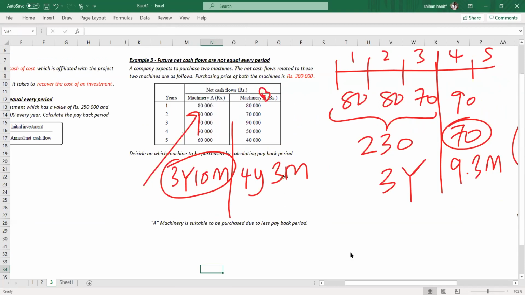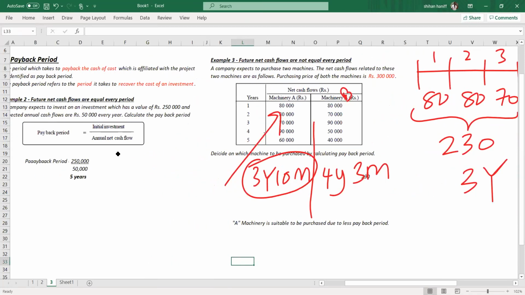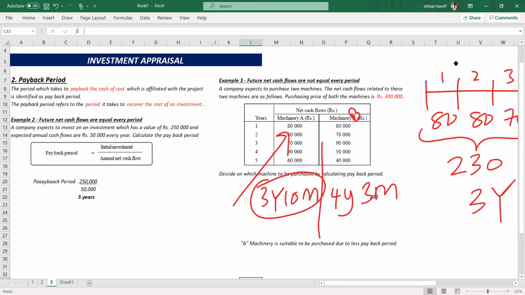You can't take 9, it should be 9.3. Either you write 9.3 or 10. So investment appraisal, payback period.